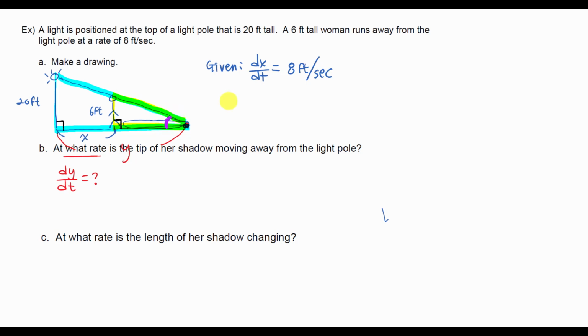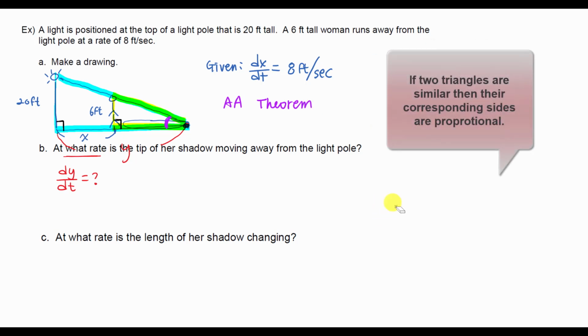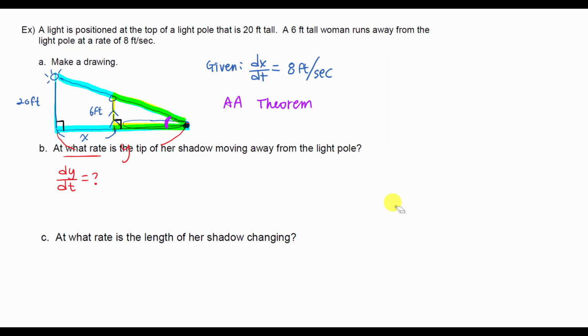So by the AA theorem that we learned from geometry, if two angles of a triangle are equal to two angles of another triangle, then the two triangles are similar. And if two triangles are similar, then their corresponding sides are proportional. So by the AA theorem, the two triangles are similar and their corresponding sides are proportional.